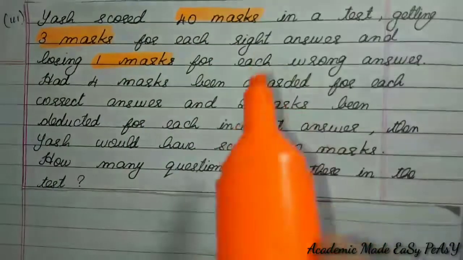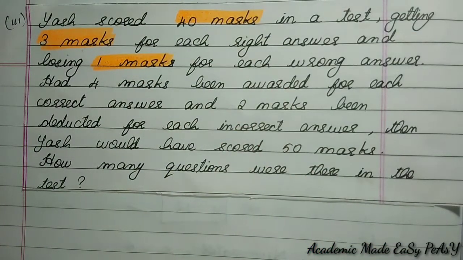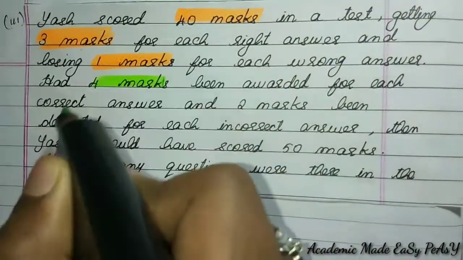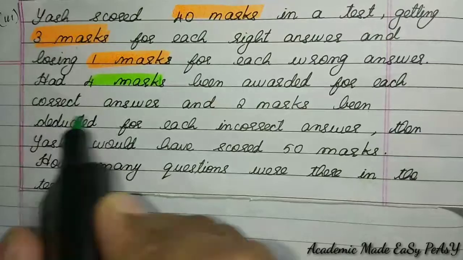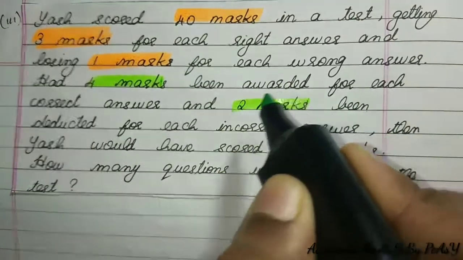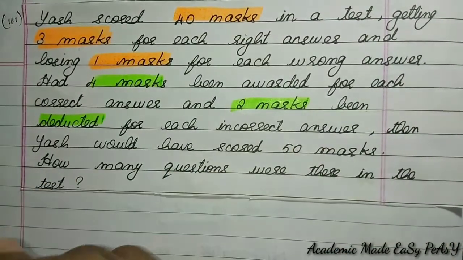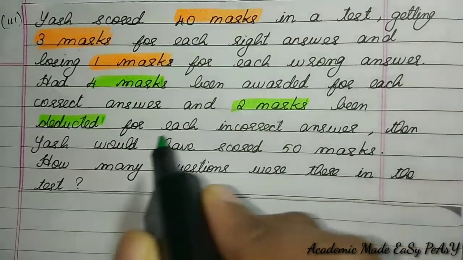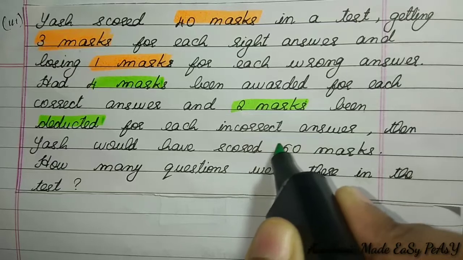Next they are saying that 4 marks had been awarded for each correct answer and 2 marks had been deducted, that is reduced or subtracted, for each incorrect answer. Then Yash would have scored 50 marks.